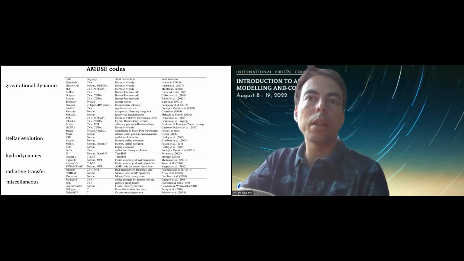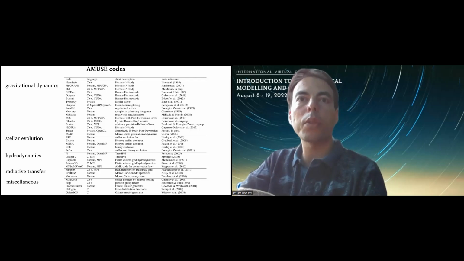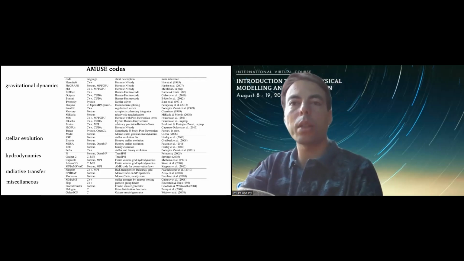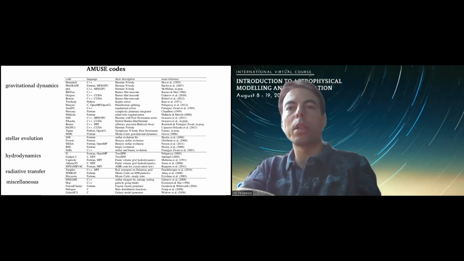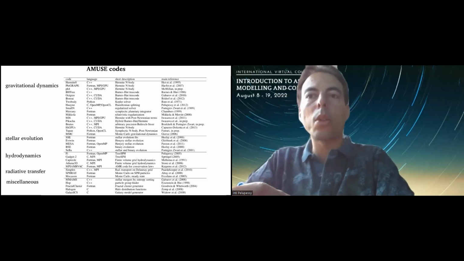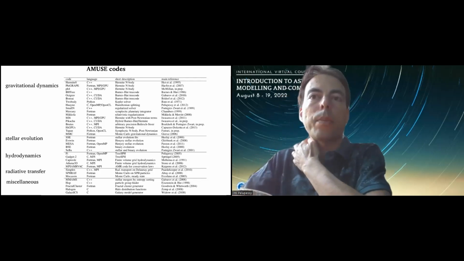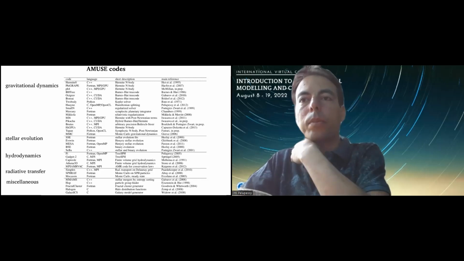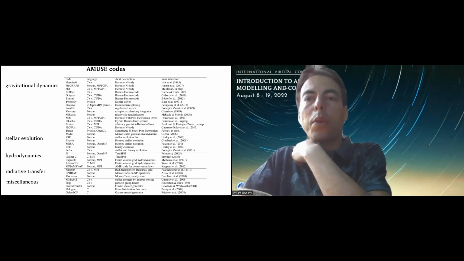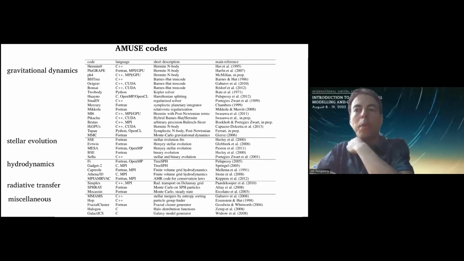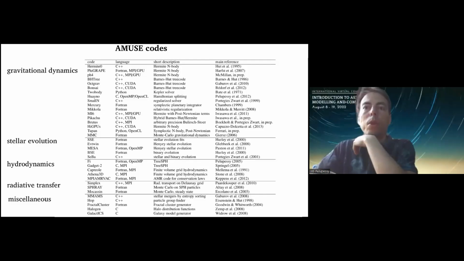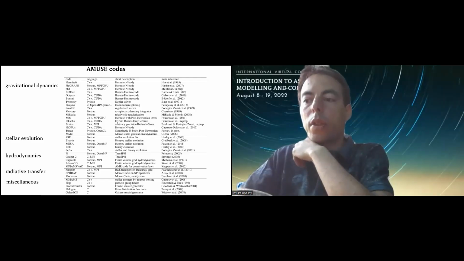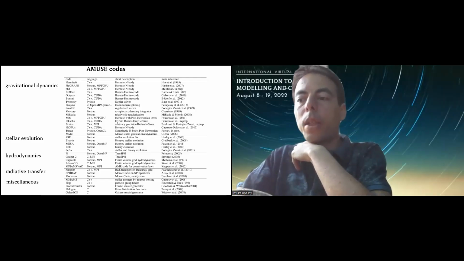And as you could see here, the number of gravitational dynamics codes is quite large. There are a number of codes that are often used, but there are so many different physical regimes in gravitational dynamics that you cannot cover them all with one code, and it's very important to have different codes available.